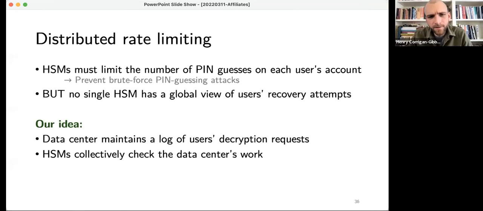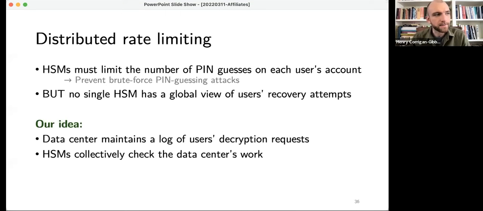But the problem in this distributed system that we've set up in SafetyPin is that there's no single hardware device that has a global view of how many guesses a particular user has made on their PIN. So no single HSM actually knows how many guesses there have been.